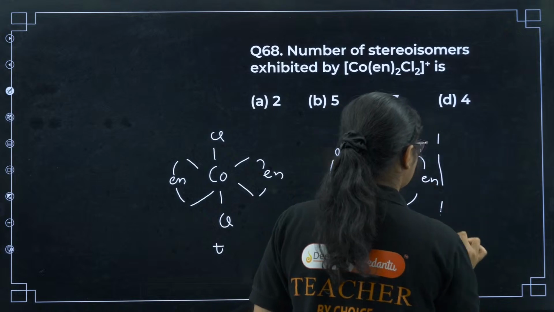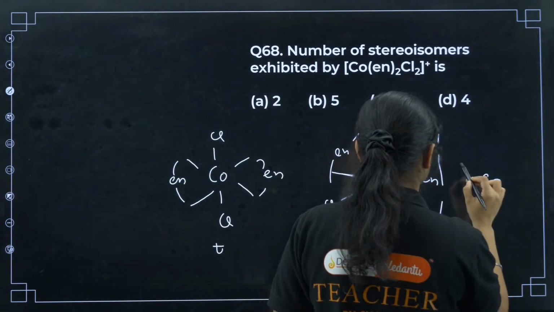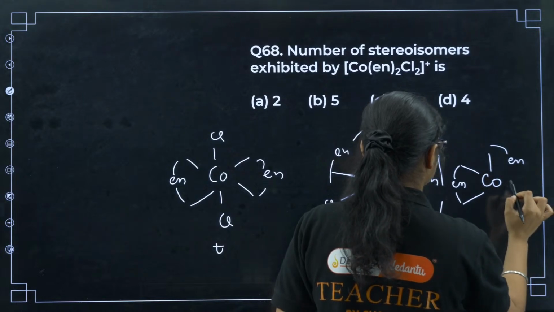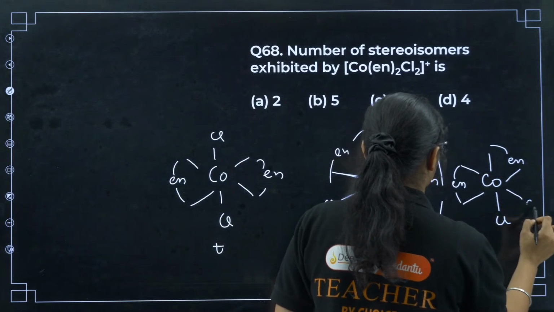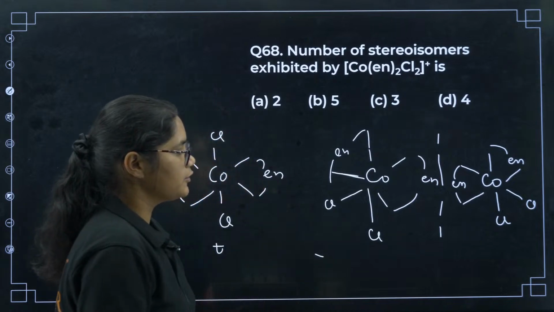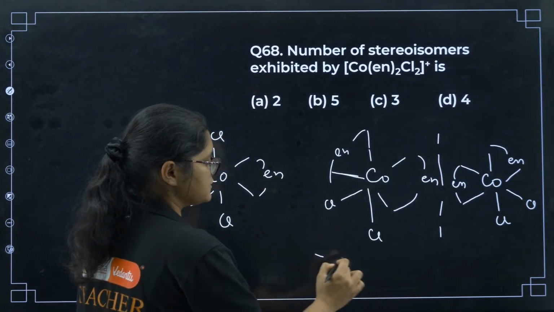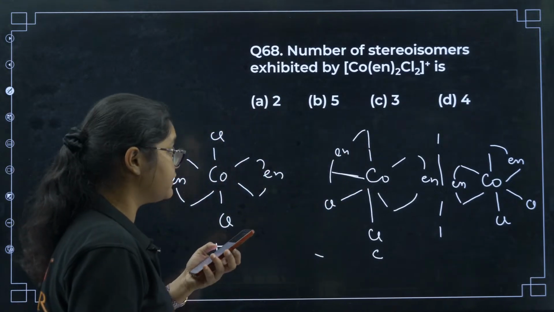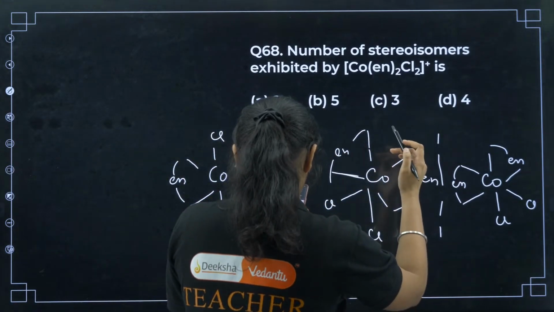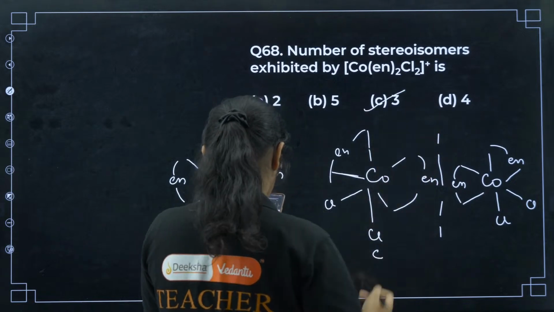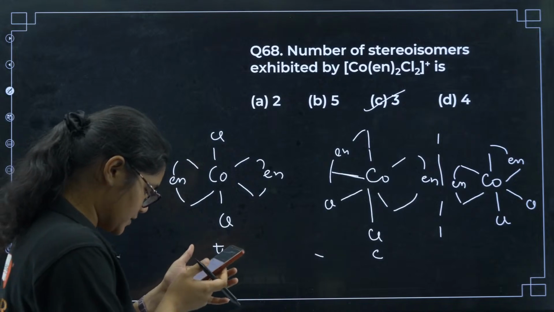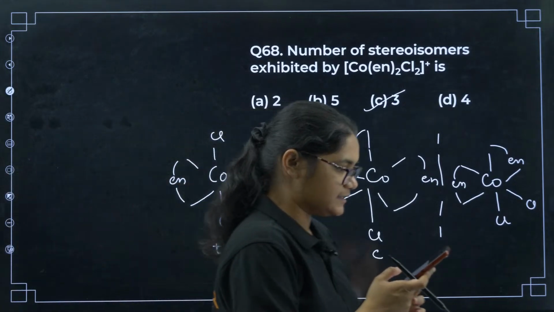Now here you will have a mirror image of this one, that is like this. So now you see, this is the trans, this is the cis, and this is the optical isomer of cis. So total we will have 3 here. Option number C. Okay, 68 is C.